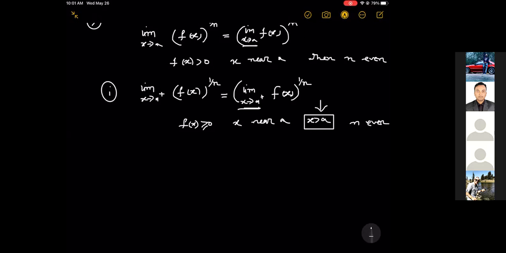Initially, for the main law, we said x has to be near a. That means it could be less than a, it could be greater than a. As long as it's pretty close to a, we're doing fine. But on this occasion, we have one more condition to satisfy: obviously x has to be near a, but precisely it has to be greater than a. Why do you think it's the case?